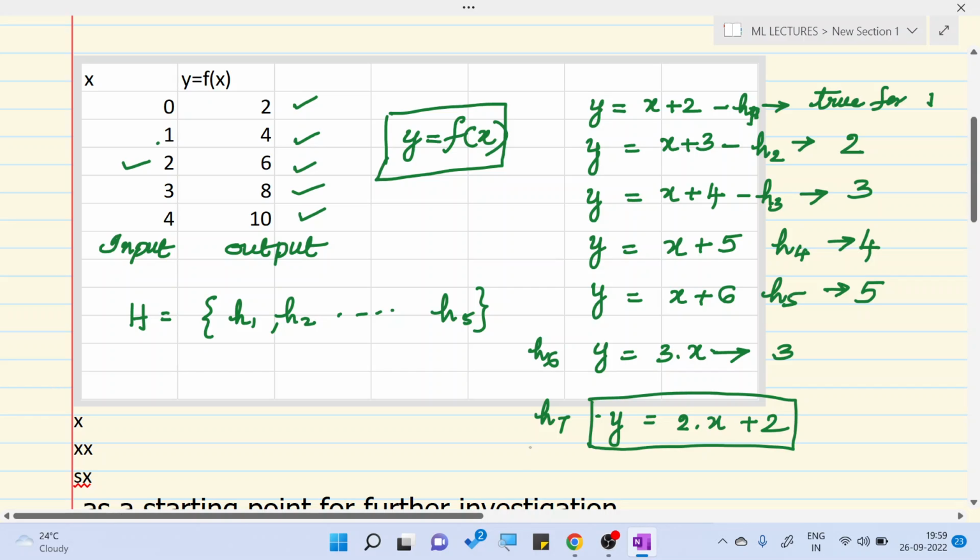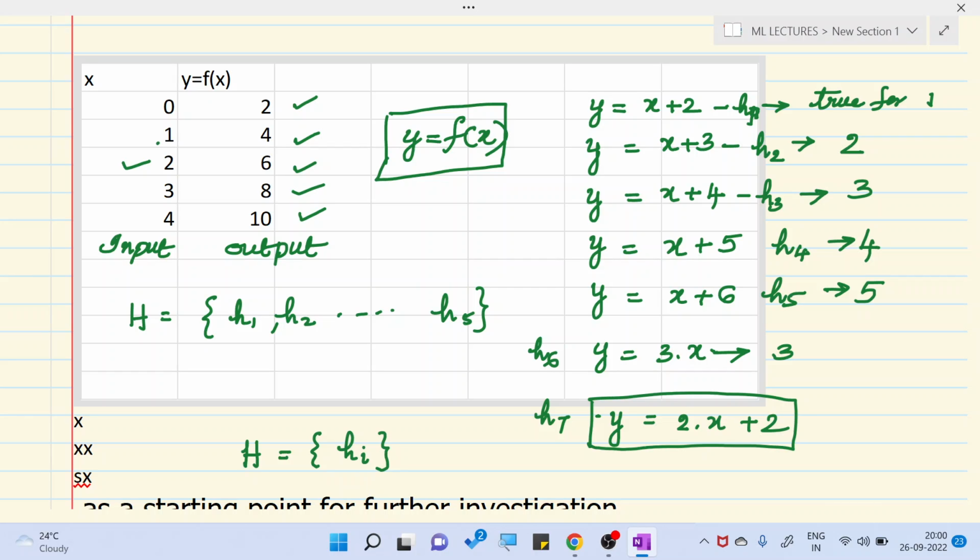So my problem in machine learning is, out of the set of all hypotheses, I want to search for the hypothesis which will satisfy all the given examples, so that because it is satisfying examples 1, 2, 3, 4, 5, I also assume that it will be true for the sixth example.